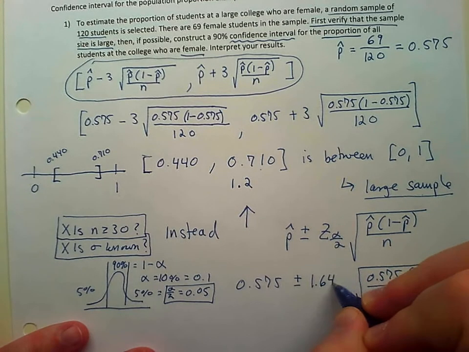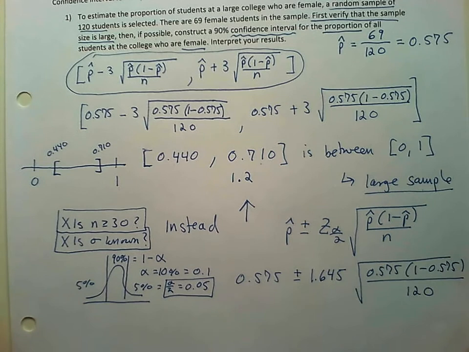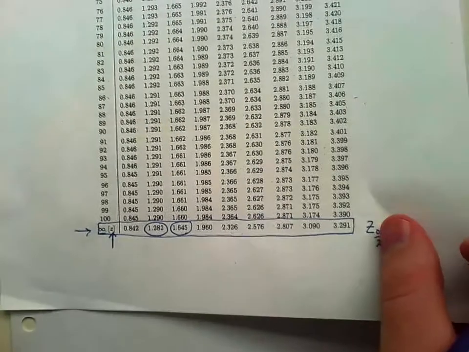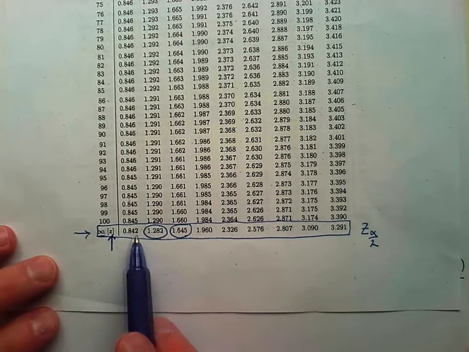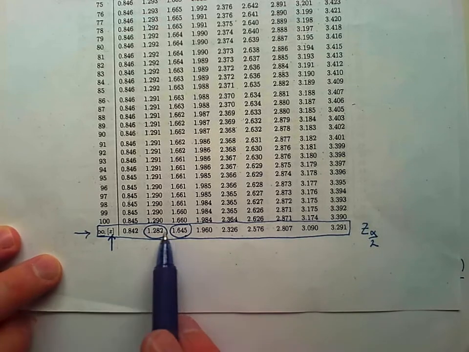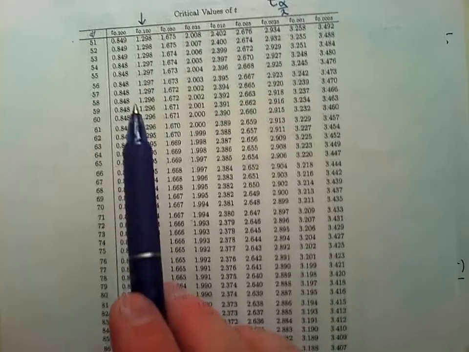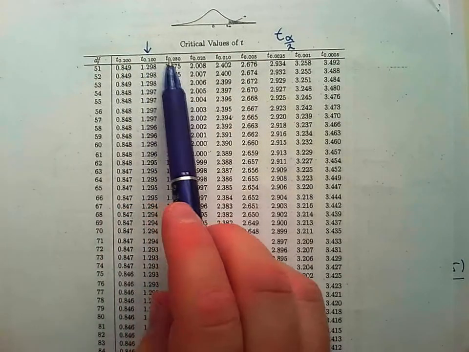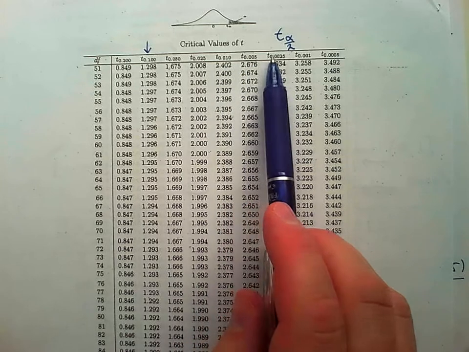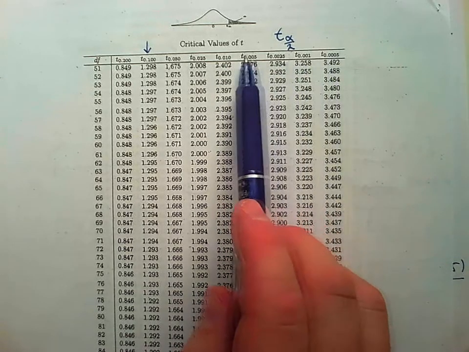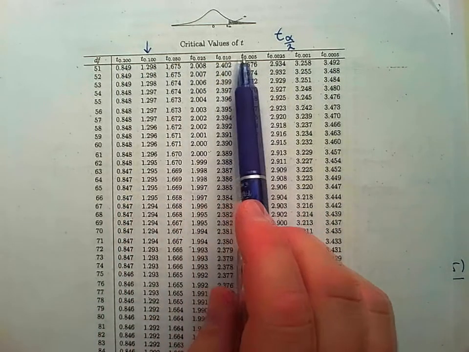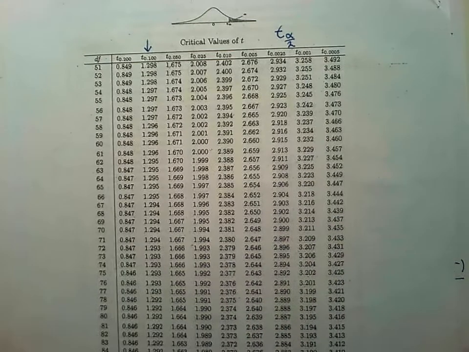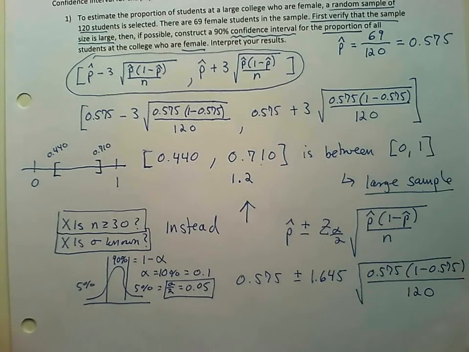We could find this z value again using our z table, but like I said before, you should become comfortable with how to figure out the z values using your t tables, as long as those z values are given on your t table, and as long as the alpha divided by 2 in the problem that we're solving is the same as one of these subscripts up here.